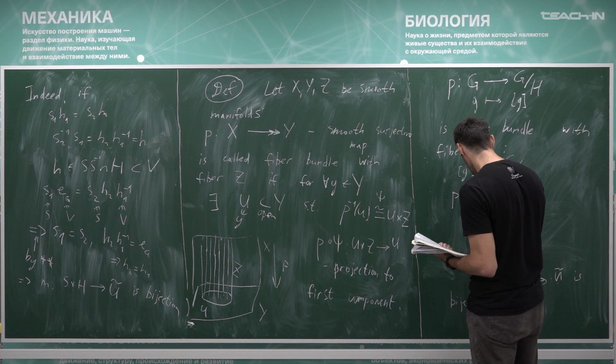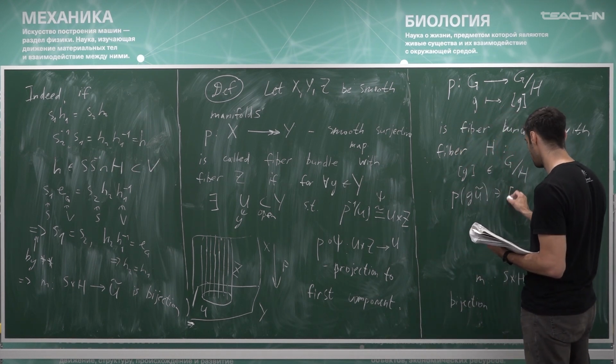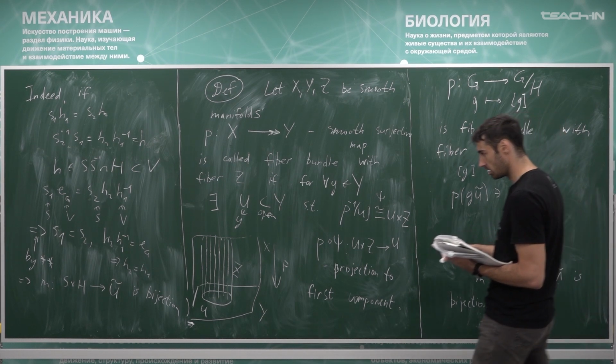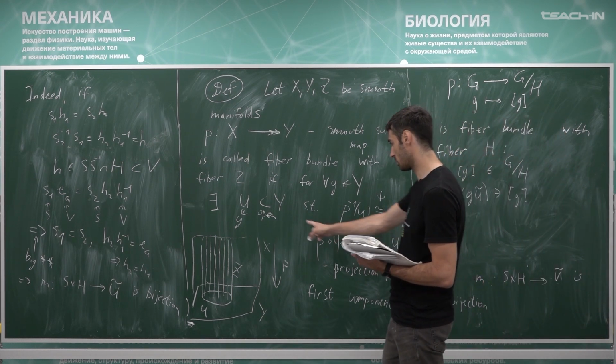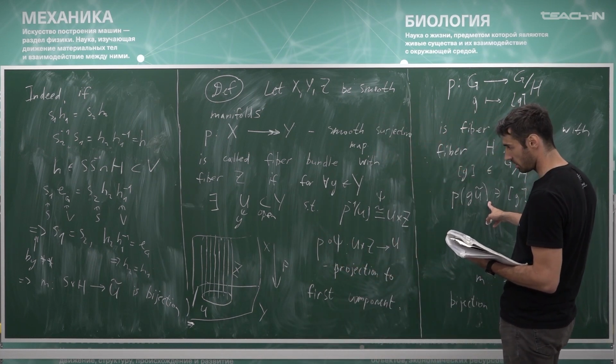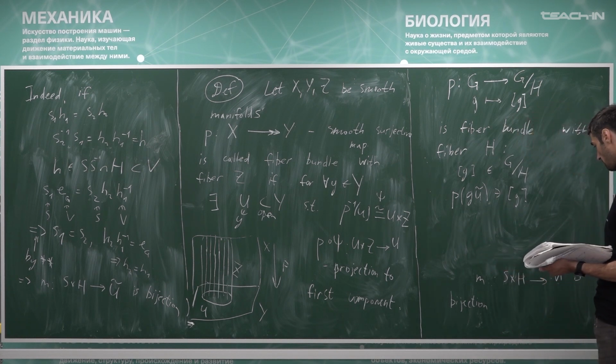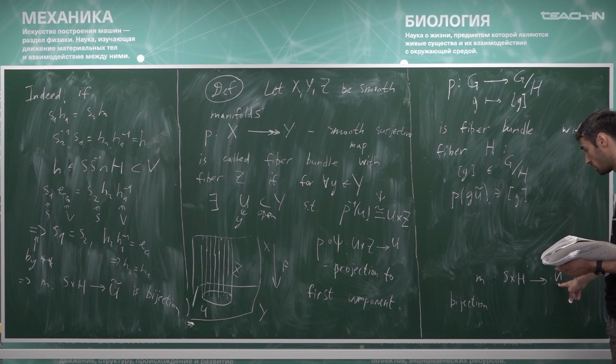P of G U tilde is an open neighborhood of this point, right? Which is like in this definition. This U is P of G U tilde, where U tilde is this thing from the proposition, right?